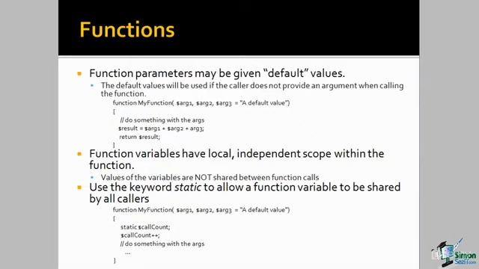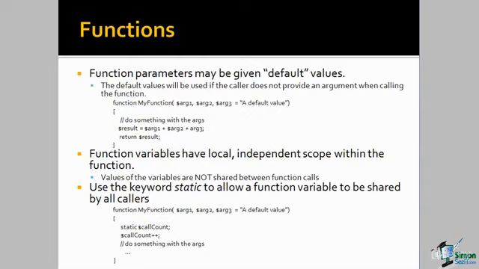So it's kind of a wall that prevents access in or out of the function to the values that exist within that function. We call this local scope, local and independent scope within the function for variables that are created or passed into the function.